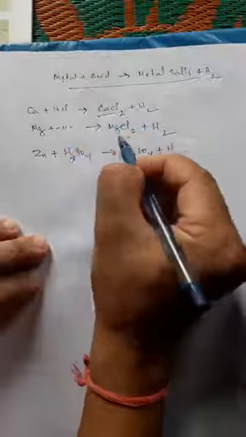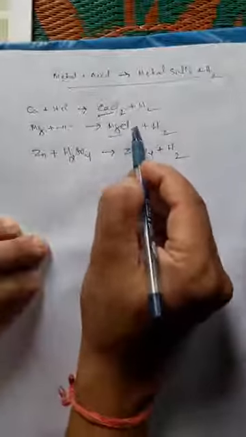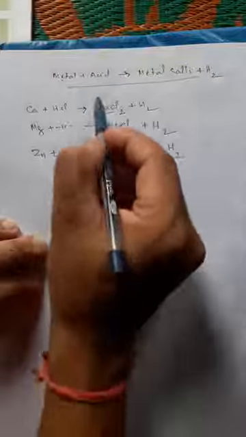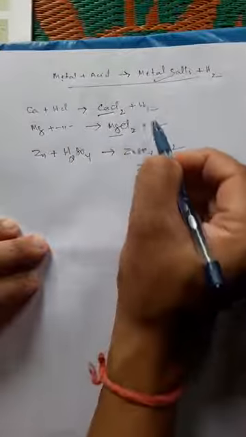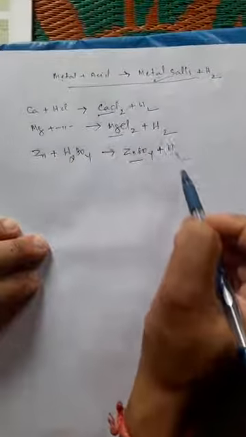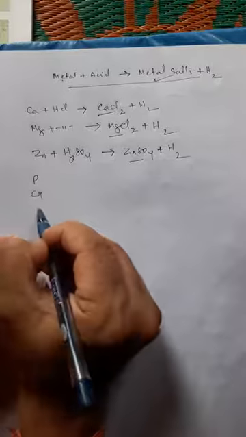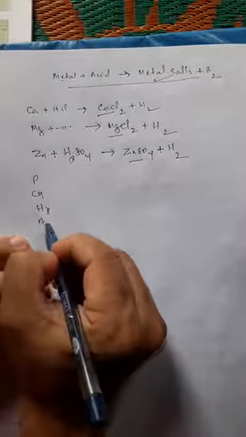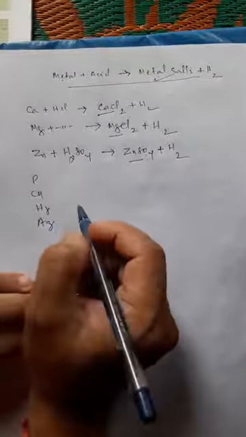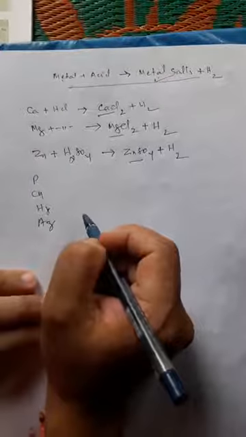So this one, calcium chloride, magnesium chloride, zinc sulfate, all these are examples of metal salts, and in each case there is liberation of hydrogen. Likewise, lead, copper, mercury, silver, they react with concentrated acids.